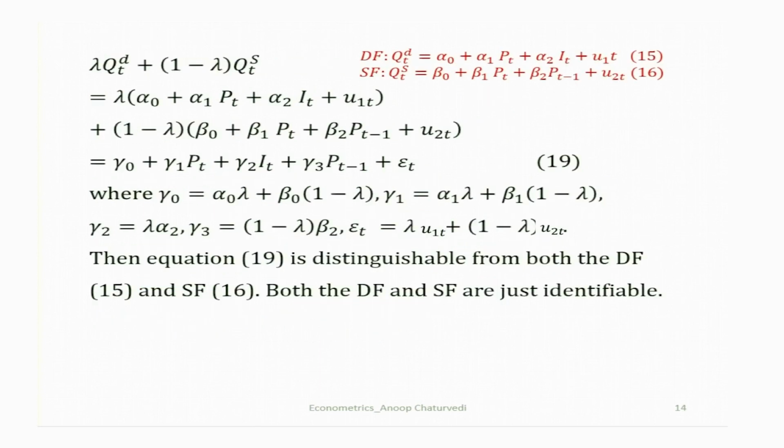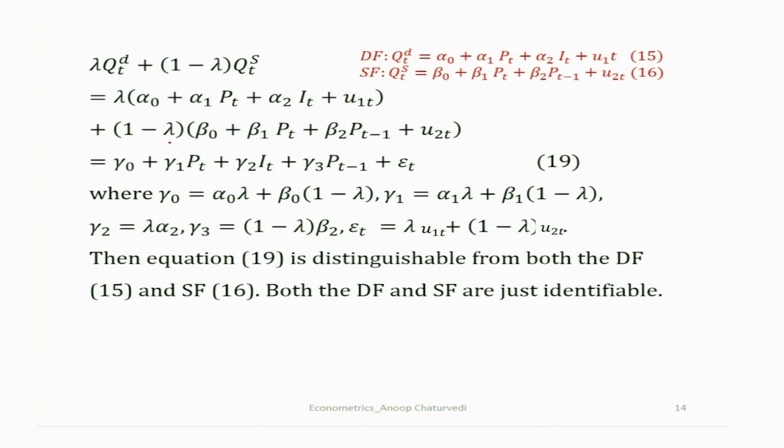Again, we look at the linear combination of the demand function and supply function. So, lambda q t d plus 1 minus lambda q t s is equal to lambda times alpha naught plus alpha 1 p t plus alpha 2 I t plus u 1 t, plus 1 minus lambda times beta naught plus beta 1 p t plus beta 2 p t minus 1 plus u 2 t.